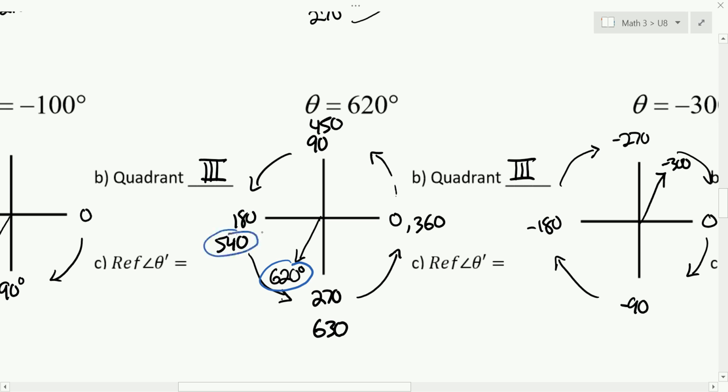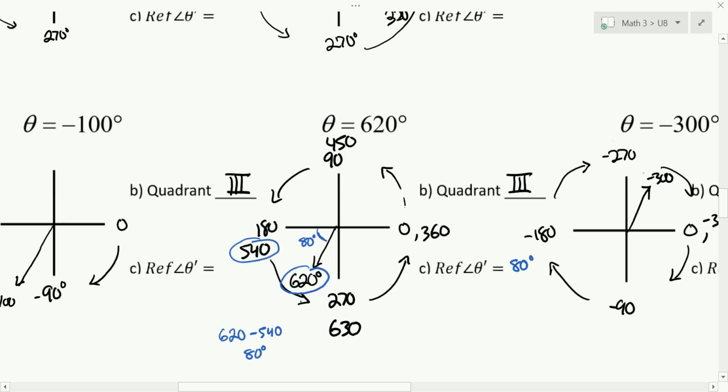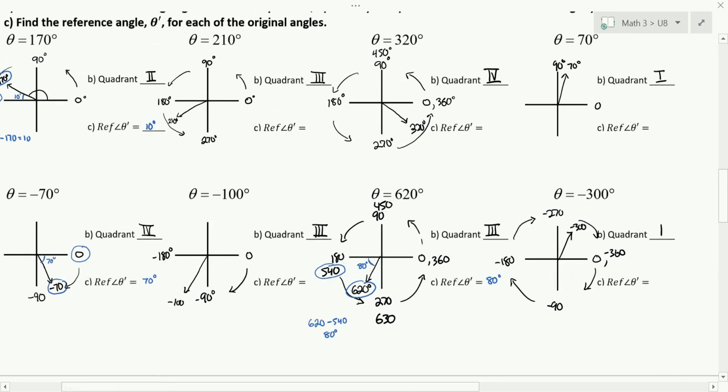The 540. So we're looking at the difference between those. 620 minus 540, which is 80 degrees. And so 80 would be our reference angle. Okay. So find the reference angles of the other ones that we haven't done yet. Just work through those, see if you can pick out what the reference angles are.